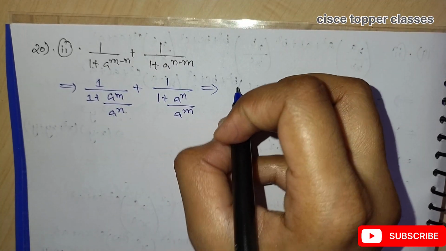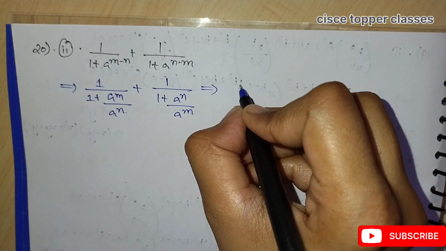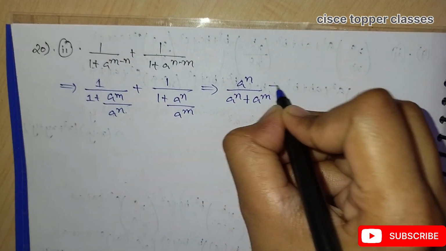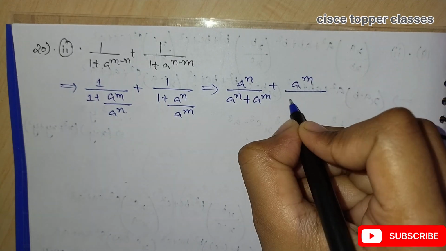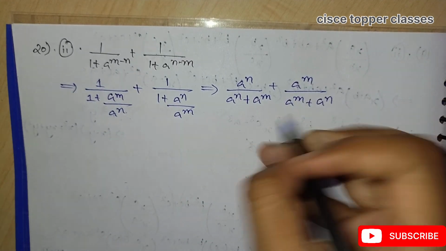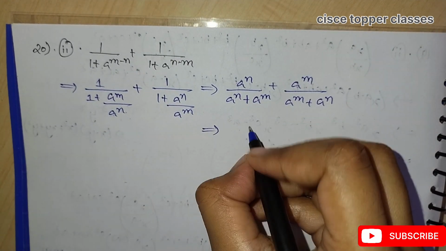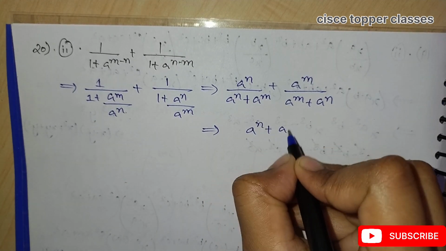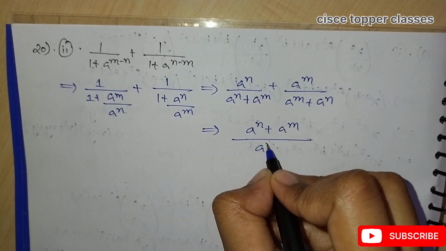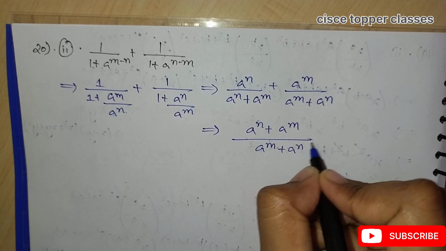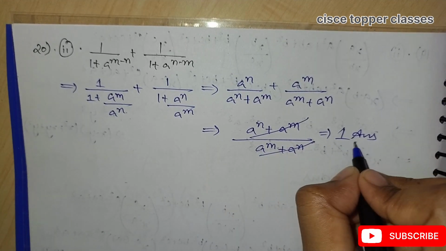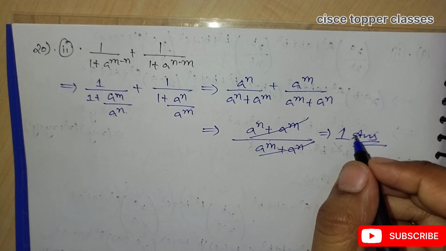So this we can write, on taking LCM, a to the power n divided by a to the power n plus a to the power m, plus a to the power m divided by a to the power m plus a to the power n. We can write it as a to the power n plus a to the power m, and here taking LCM a to the power m plus a to the power n. So this will be cancelled out, and 1 will be the final answer from here. So this is the answer in the 22nd part.